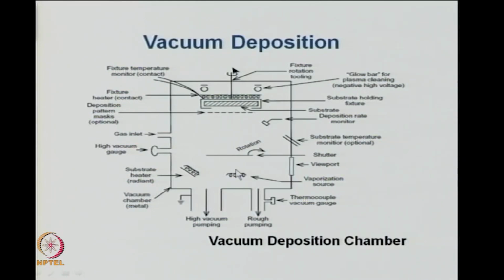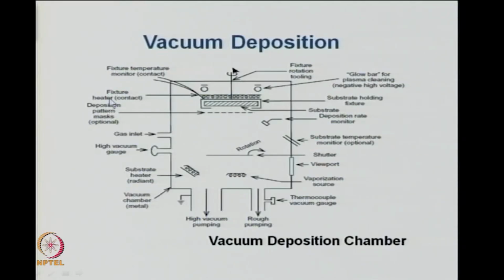The molecules will start evaporating, and they have to go onto the target which is here, or to the substrate here, and the substrate is held in a kind of fixture which is shown here, such that the substrate does not fall, and the substrate can be heated, and that heating can be done by this substrate heater, which is shown here.